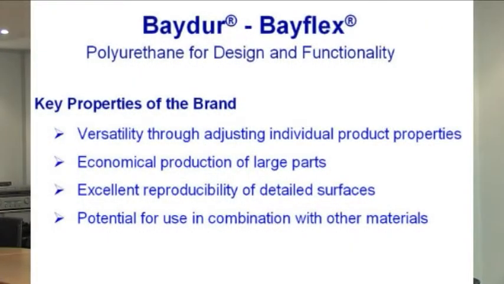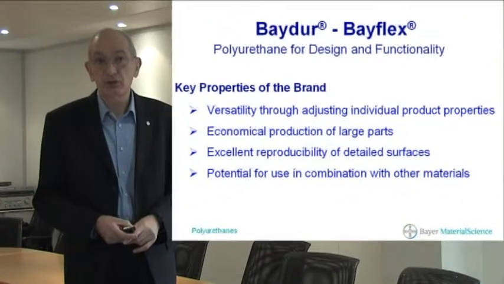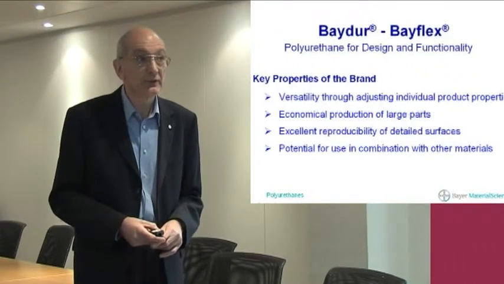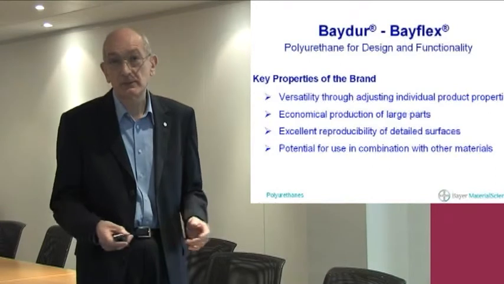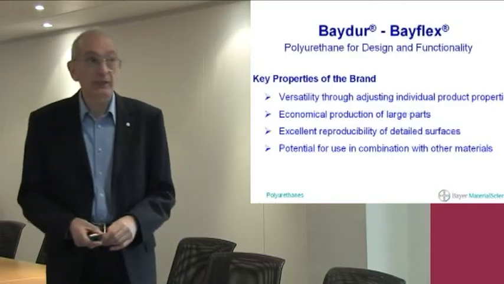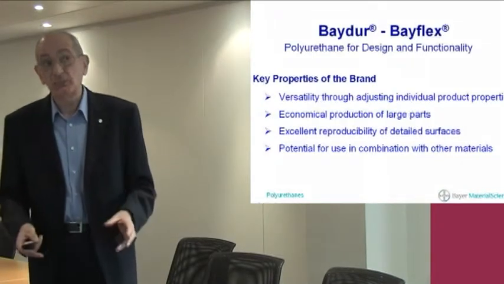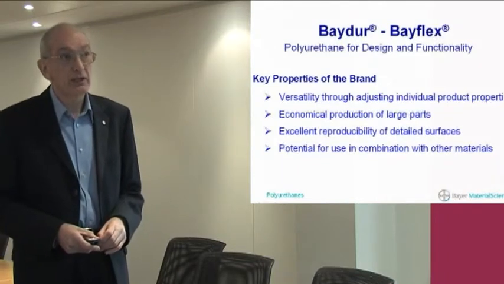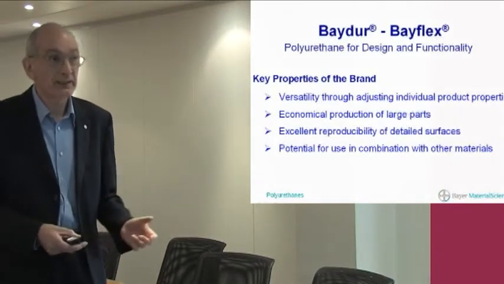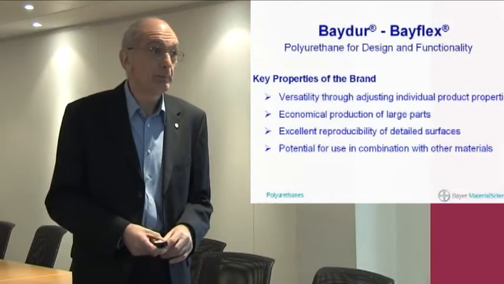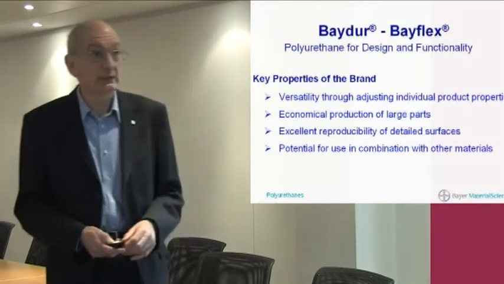Now, the key properties of the brand in general are versatility through adjusting individual product properties. This means we can adjust the chemistry of the raw materials to produce a wide range of physical properties in the end material. We have economic production of large parts, not simply because the moulds are cheaper than those used for injection moulding, but because a reaction injection moulding machine with the same capacity as a conventional injection machine would be a quarter of the price or so.